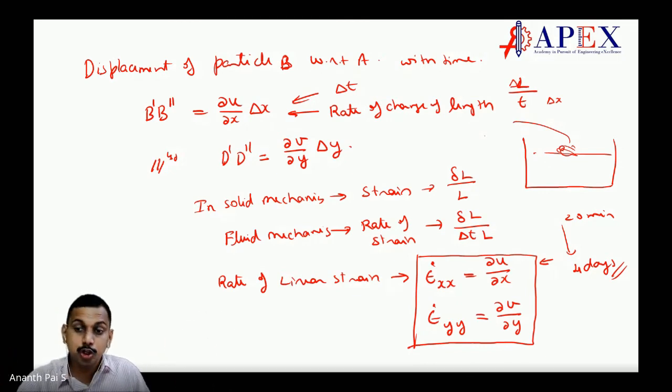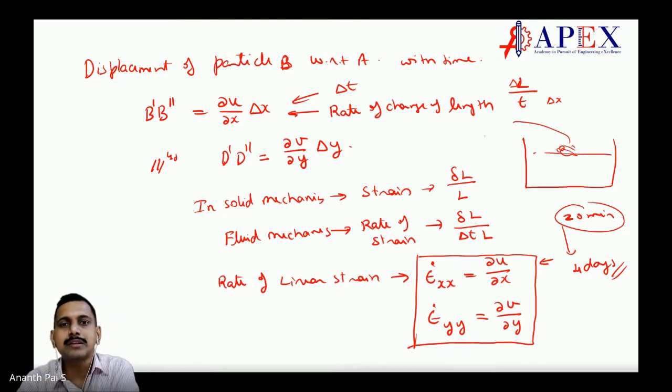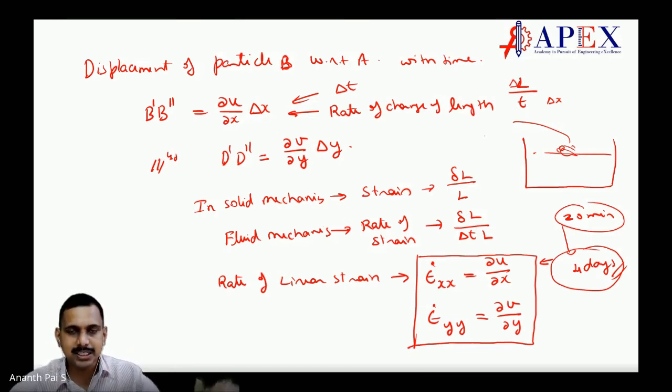So what is that? Its actual physical power is not 20 minutes. Because of mental fatigue, because of frustration, it would have drowned there. Physically it had the strength to take 4 days of swimming. That is the physical strength it had.